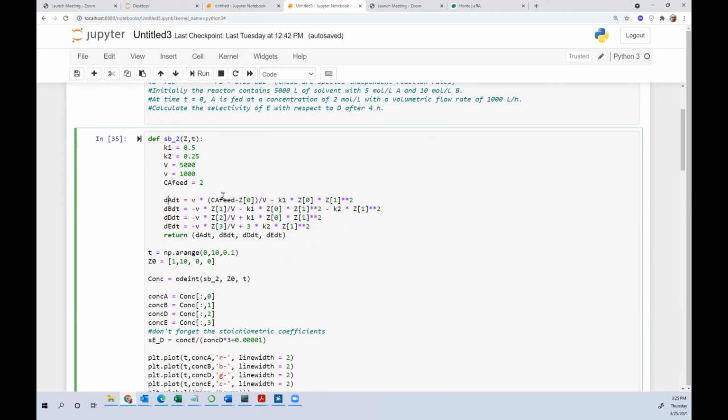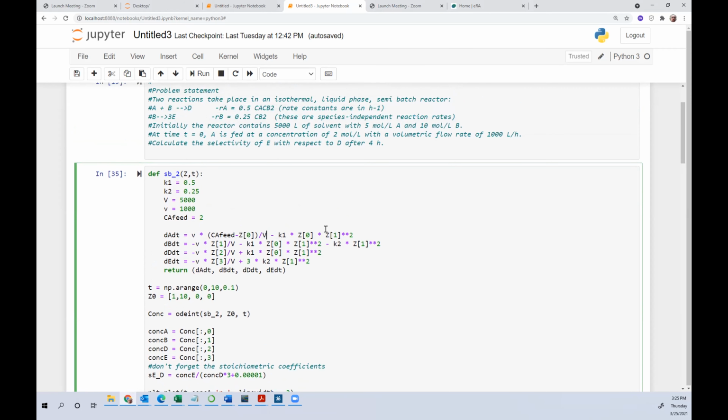It's v times (CA feed minus CA), where Z0 is what's changing, divided by V, minus K1 CA CB squared. So Z0 is CA and Z1 is CB. So that's the rate, CB squared. I input all four. So dCB/dt is this equation here.